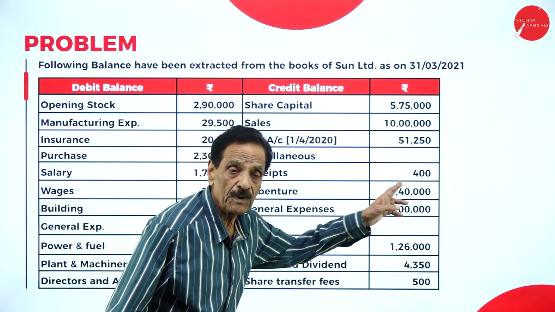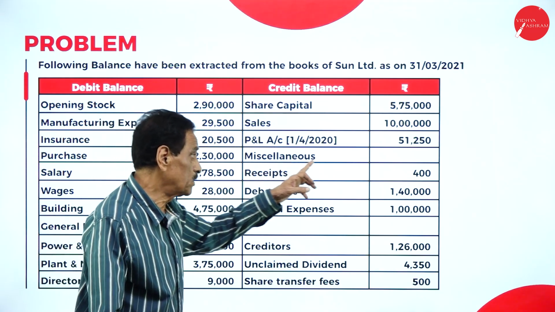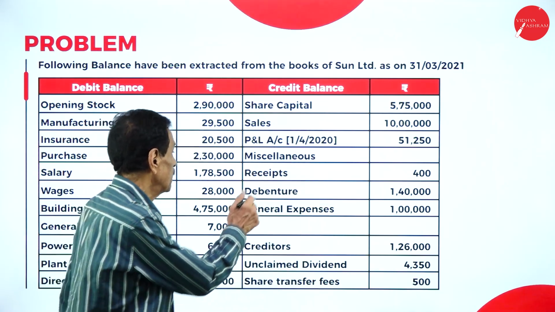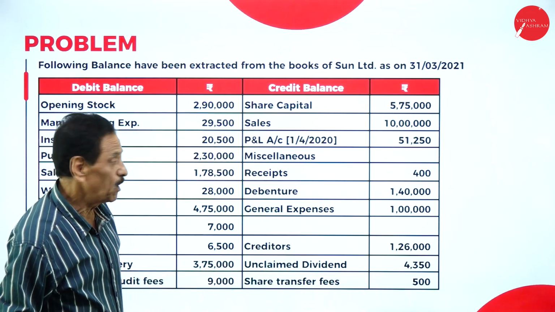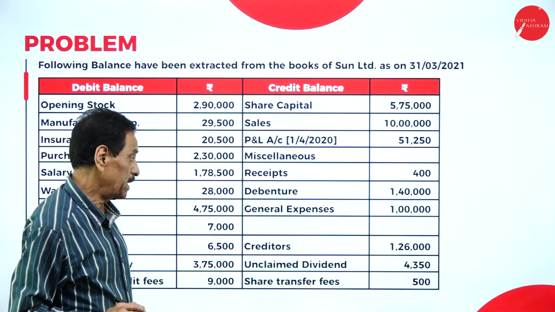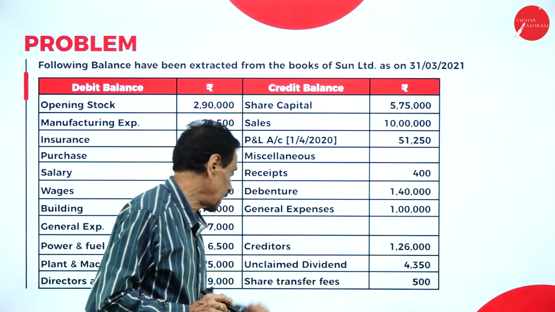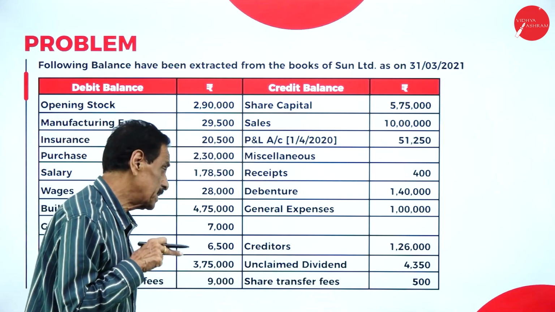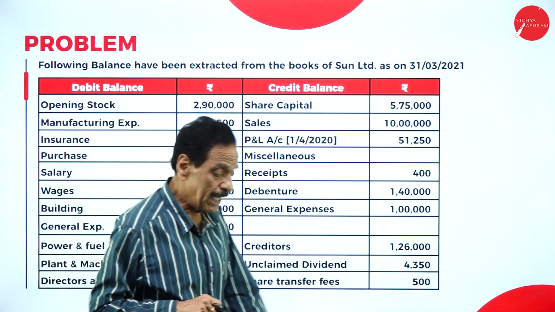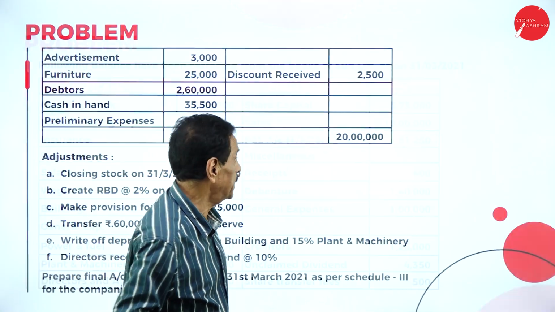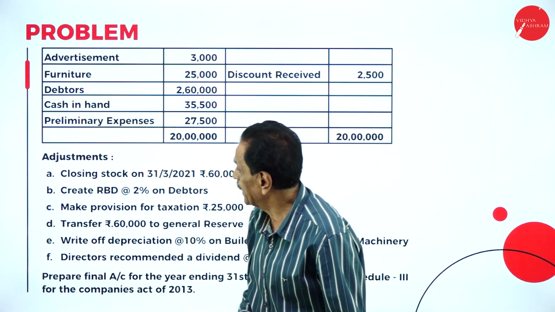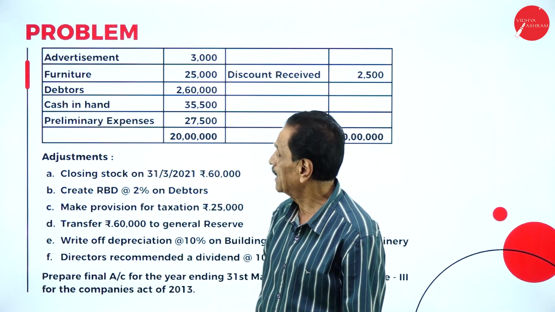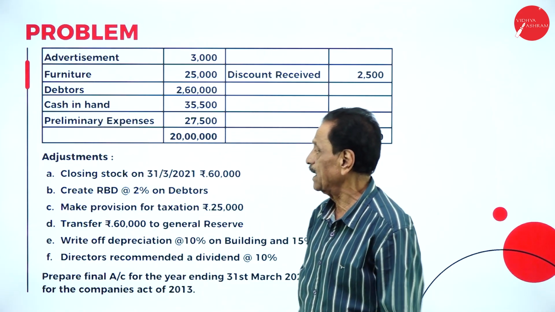Sales is revenue from operations. Profit and loss account, profit of the last year. Miscellaneous receipt is other income. Debenture is a long-term loan. General expenditure. Creditor is a current liability. Unclaimed dividend is a current liability. Share transfer fee is a miscellaneous receipt. Advertisement is an expenditure. Furniture is a tangible asset. Debtor is a current asset. Cash in hand is a current asset.